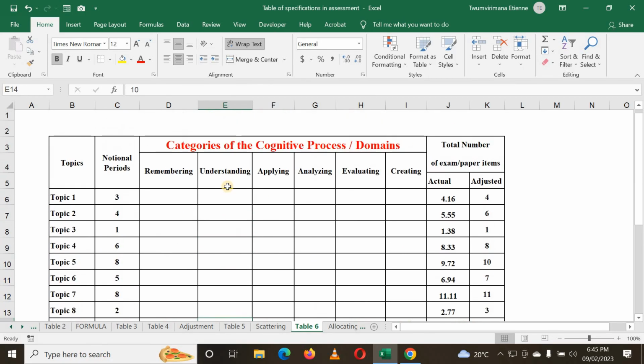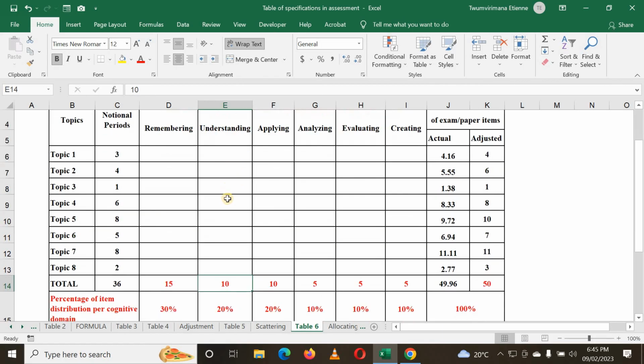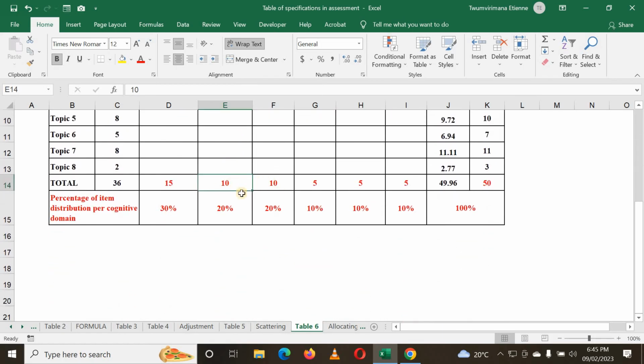Only 10 questions will be in understanding. You cannot exceed this number. How did we find this number? Here you see there is a percentage, 30%. 30% of what? This is 30% of 50 questions.